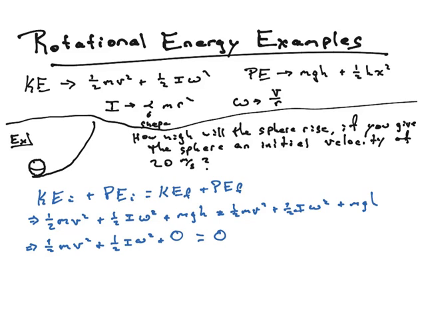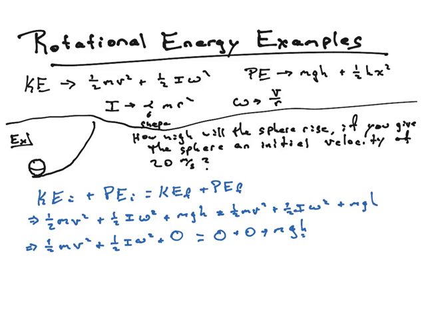And if I stopped, I can't be rolling anymore, so there's no 1/2 I omega squared either, because I can only be spinning if I'm moving, if this is a rolling situation. What about mgh? Am I some distance above the ground? Of course, that's the whole point of the problem. So mgh is there, and I'm looking for h.